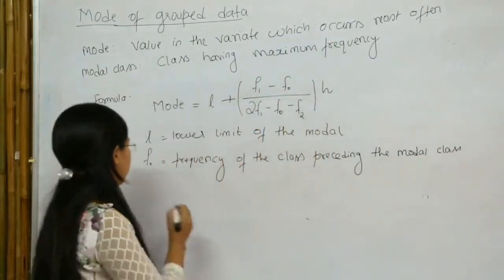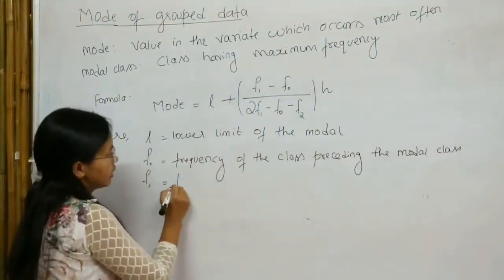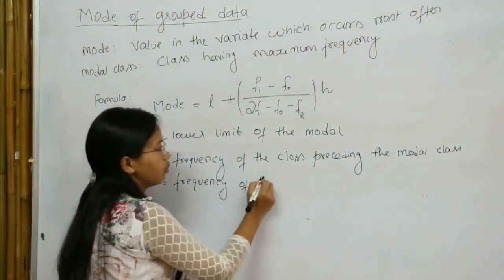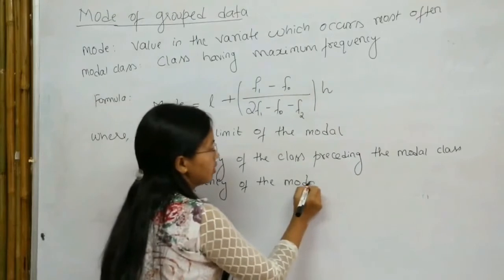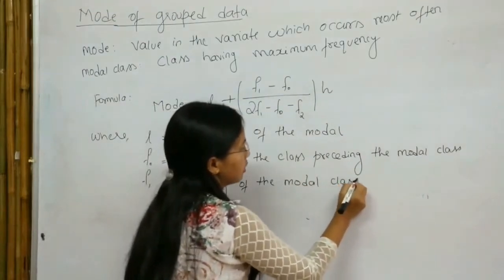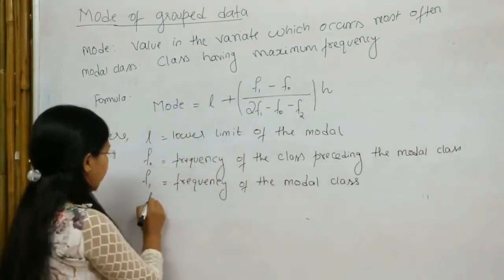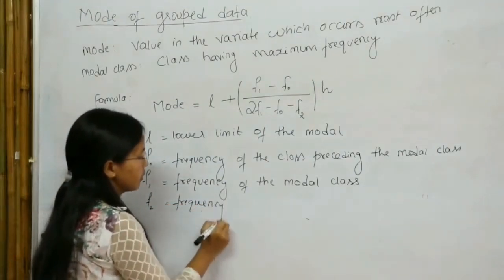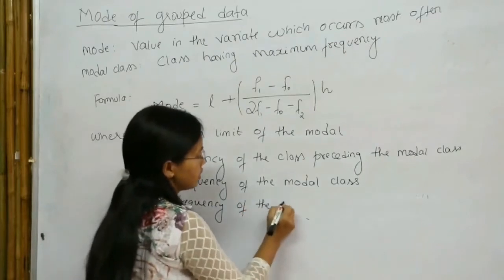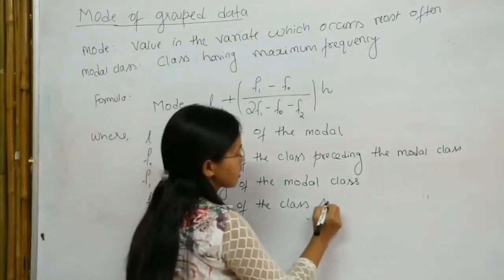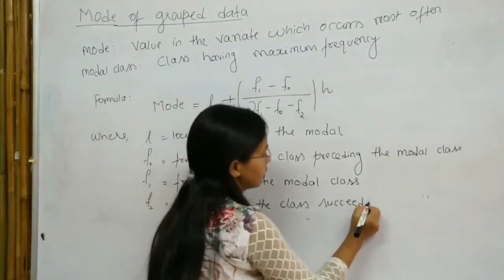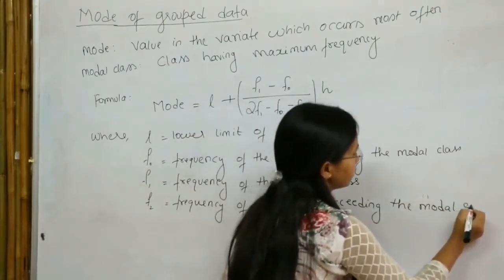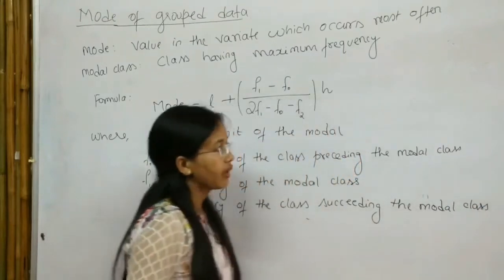and then F1 is the frequency of the modal class. F2 is the frequency of the class succeeding the modal class.